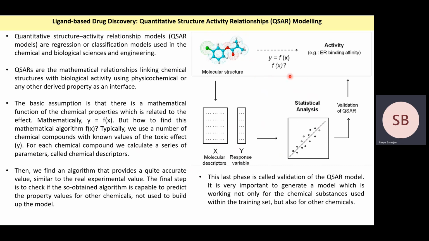If the predicted values are close to the experimentally obtained values, then that is called validation of the QSAR model. That is, our predicted structure activity relationship is correct. It is very important to generate a model which is working not only with the chemical substances used within the training set, but also for other chemicals.